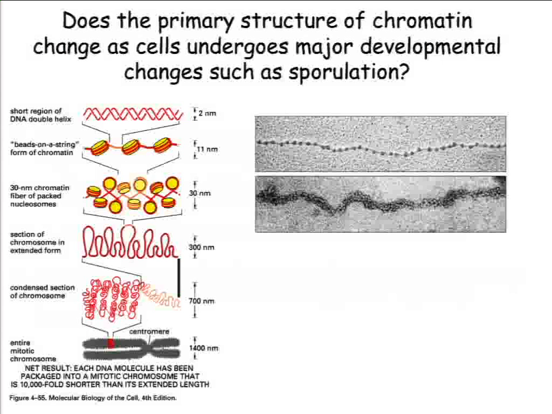Now we go on, and John showed you this picture, thinking about chromatin inside a cell. We were curious as to whether the organization changes as cells go onto sporulation. Does it stay the same, or do they change?